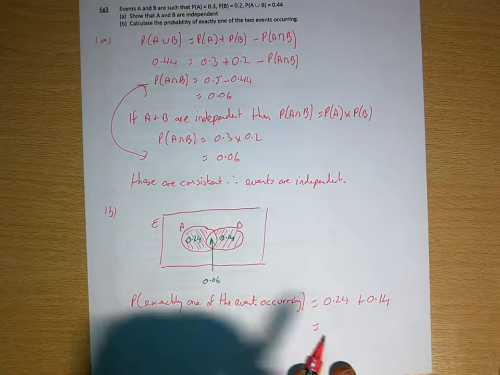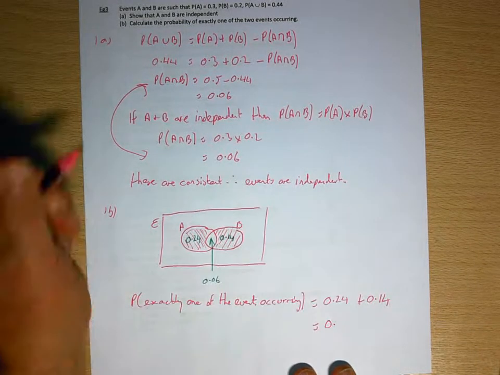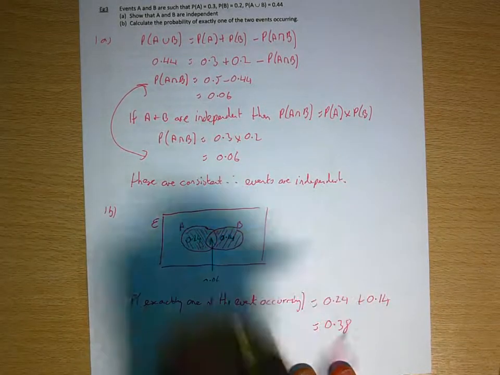So the chances of only A or only B occurring would be 0.38.